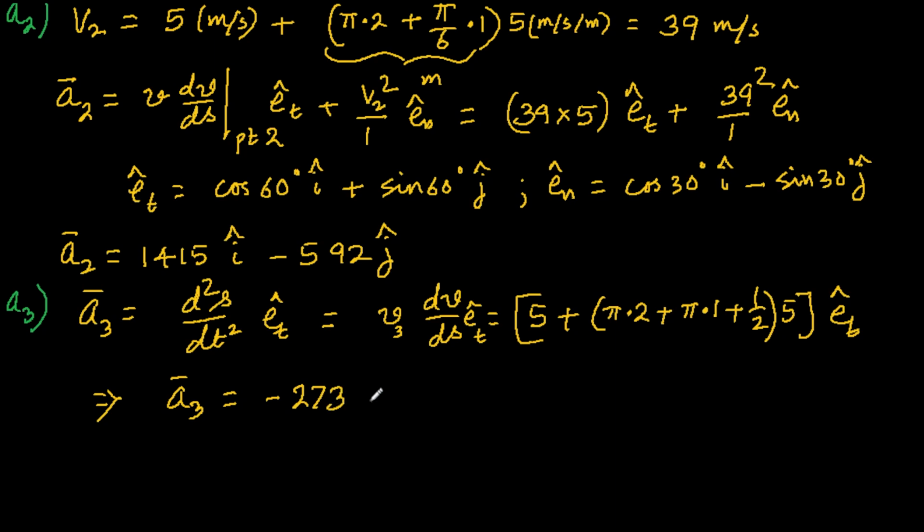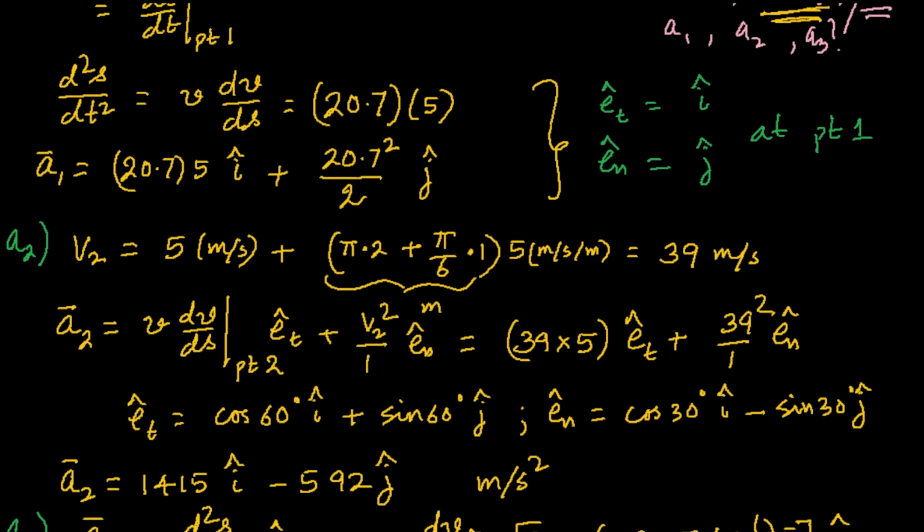273 j cap. This minus j is coming from that. Fine. So all these things are anyway in meter per second square.